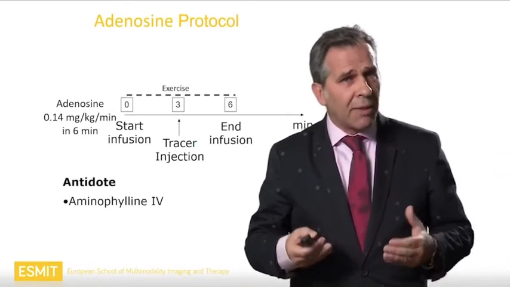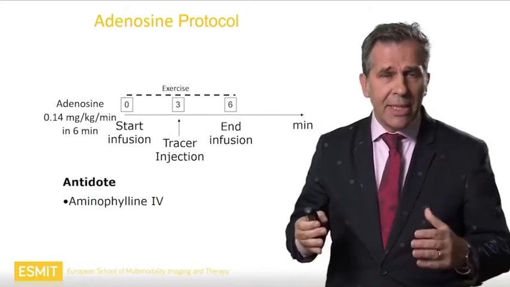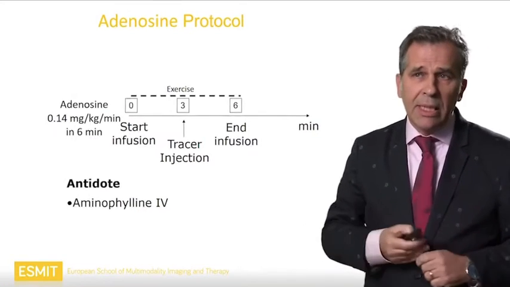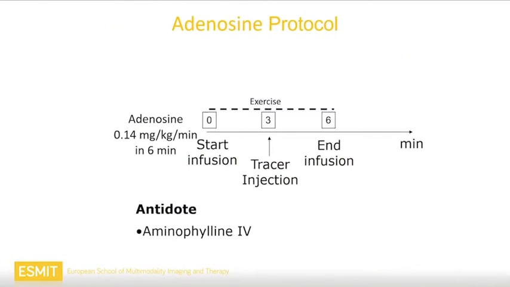For the adenosine protocol, it's very easy. We need a syringe with adenosine, and we have to start the infusion for 6 minutes. At 3 minutes after the start of adenosine, you can inject the tracer, sestamibi, tetrofosmin, or thallium.